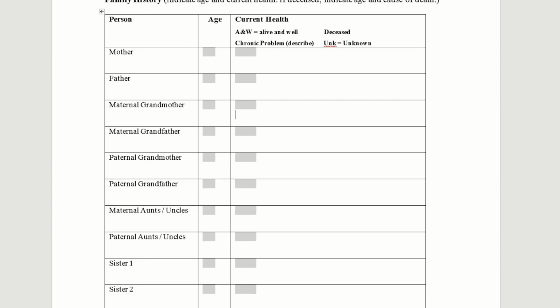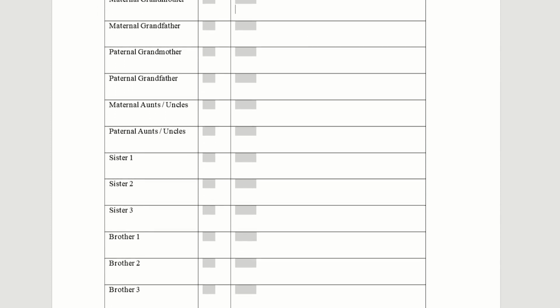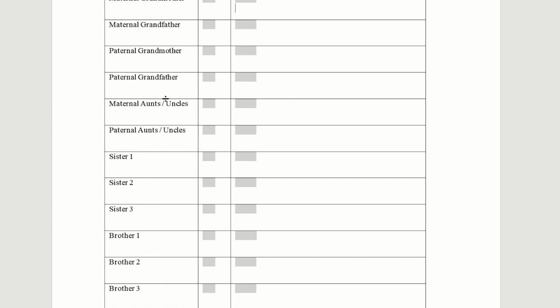So that's good. But if they have too many uncles and aunts, I had a student who interviewed somebody who had maybe five or six of those. For this particular assignment, you do not need to add all those five or six unless there's a big medical issue that you want to specify over here.